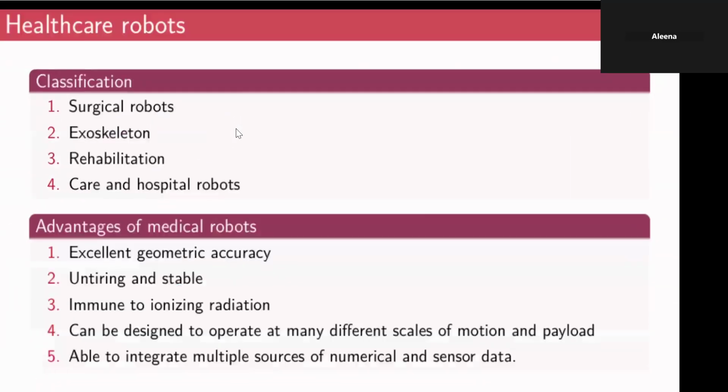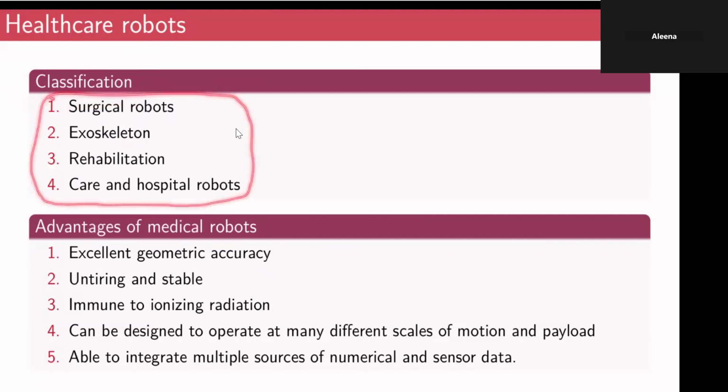And then we have a general discussion about healthcare robots, how robotics are used in healthcare, and how they are classified. The key areas where we deploy robots in healthcare are these four categories. The first category is surgical robots, where we use robotic systems for assisting a surgeon in conducting some surgeries.